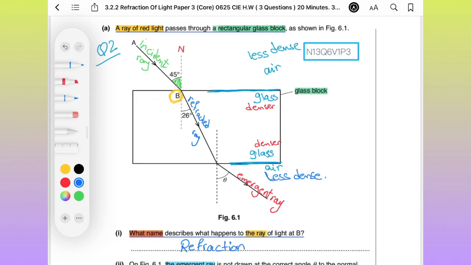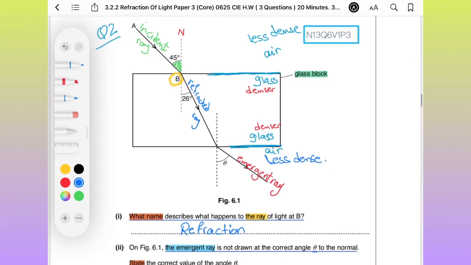Okay, on figure 6.1, the emergent ray is not drawn at the correct angle theta to the normal. State the correct value of angle theta here.